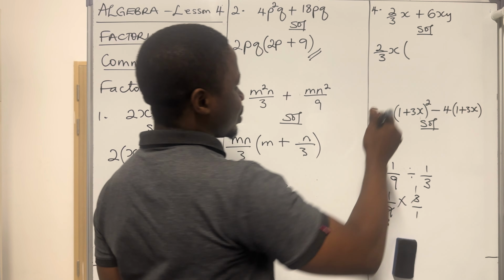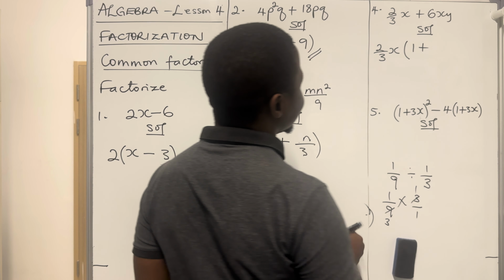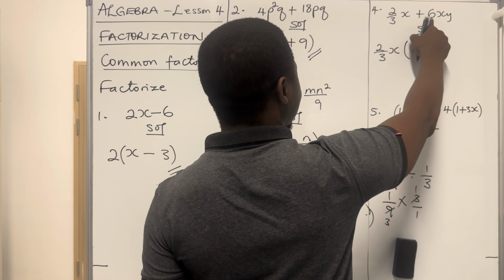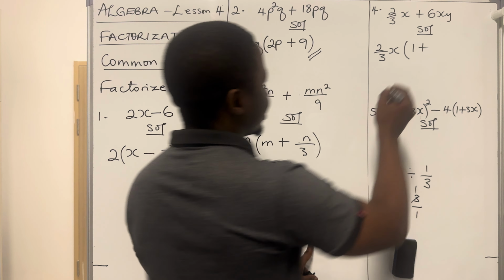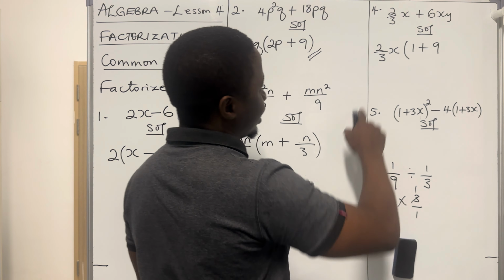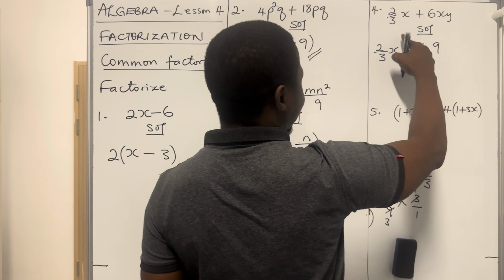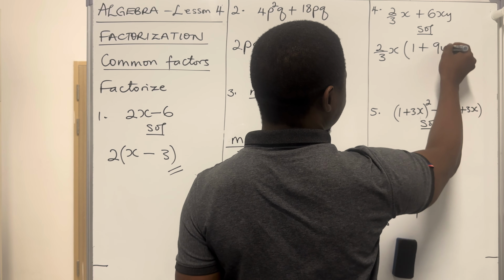So in a situation like this, we say it is 1. There is a plus sign. 2 over 3 into 6 is the same as 6 divided by this one. So 6 divided by this will get 9. So this is 9. Single x takes away single x. There is no y here to take away this y. So this y survives.